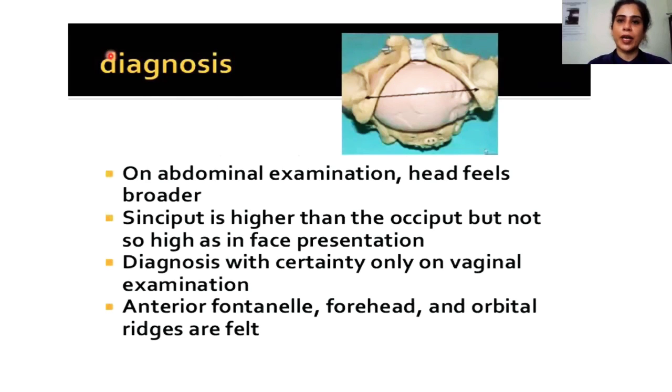So how do we diagnose brow presentation? We can see in this diagram they are showing the brow presentation here. On abdominal examination, the head feels broader. The sinciput is at a higher level than the occiput, but not so high as in face presentation. Diagnosis with certainty is only on vaginal examination, where the anterior fontanelle, forehead, and orbital ridges can be felt.